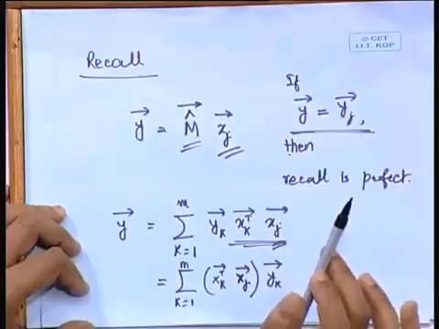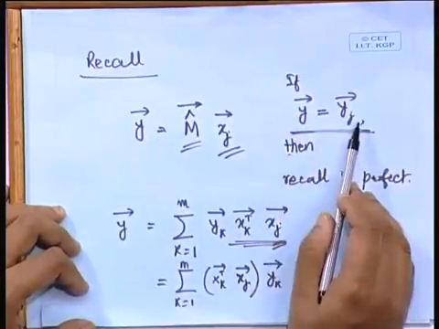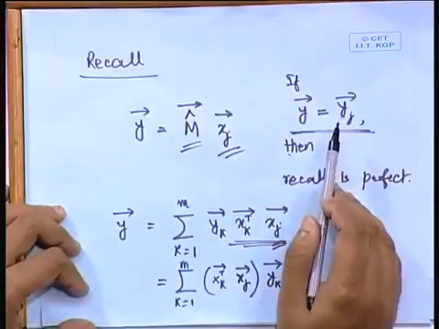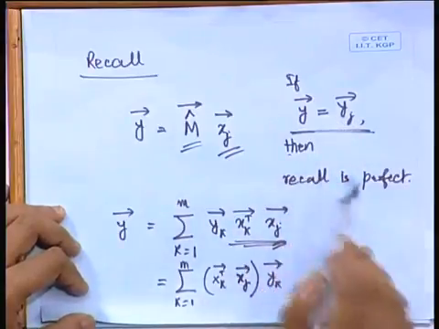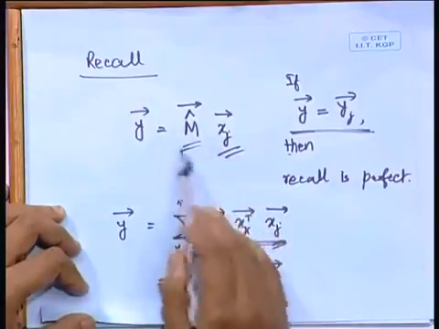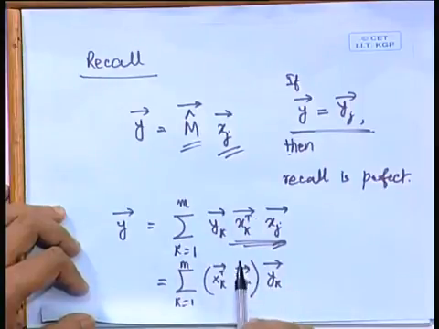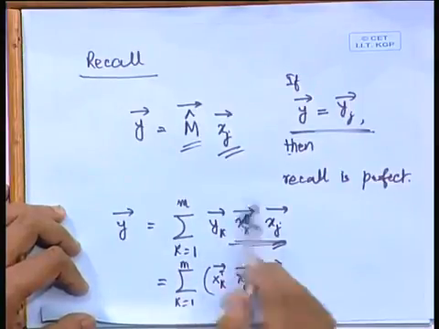Now, what we are expecting out of this is that Y is equal to Yj vector, and let us see what we obtained in the process. So what we did was just to apply the definition of this M cap matrix as the outer product.